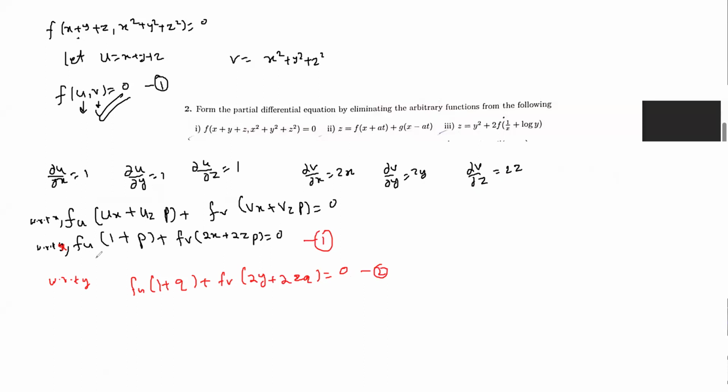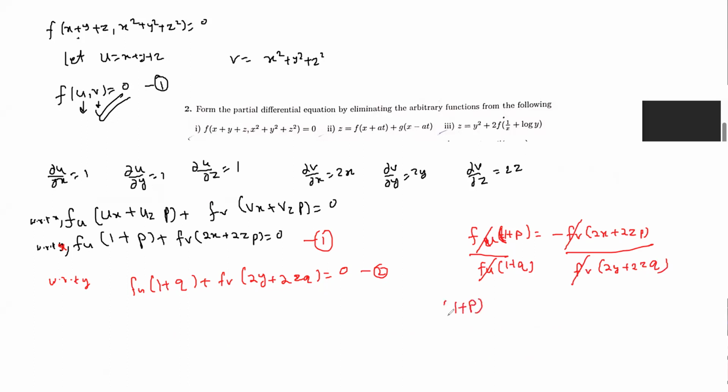Now you can see you have to eliminate f of u and f of v. How? From the first equation, f of u is equal to something, and from the second equation, f of u is equal to something else. When you divide, f of u and f of v cancel.